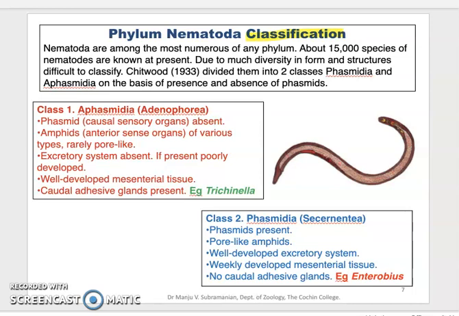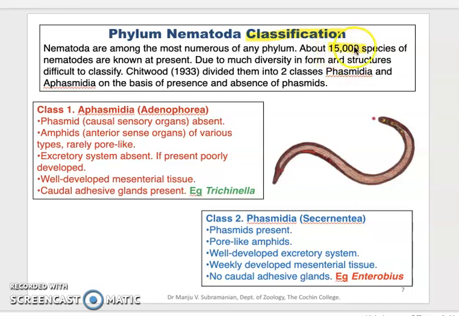So if we include all the nematode worms present inside the soil or in the roots of certain plants, it goes beyond that. Due to the much diversity in form and structure, it is difficult to identify these nematodes. So you need not bother about the number of species. It is thousands, and its number varies very much.